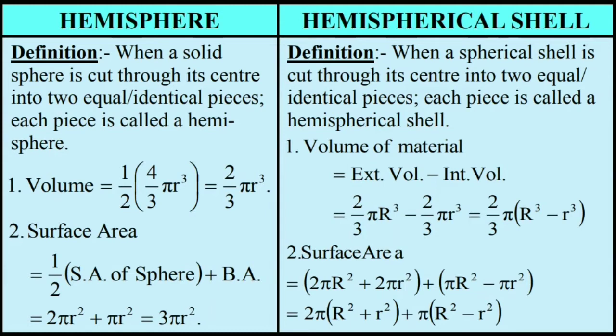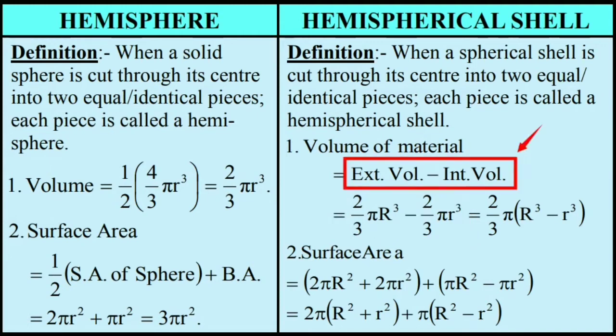Before I start discussing formula, let's assume that capital R is the external radius and small r is the internal radius of the hemispherical shell. Here, external volume of hemispherical shell is 2 by 3 pi capital R cube and internal volume of hemispherical shell is 2 by 3 pi small r cube.